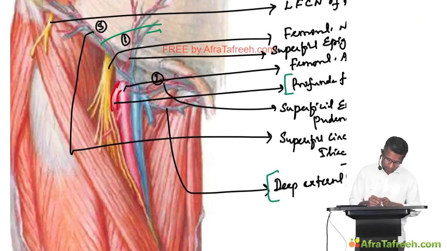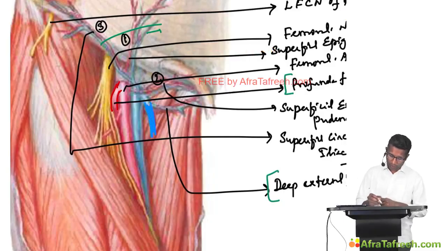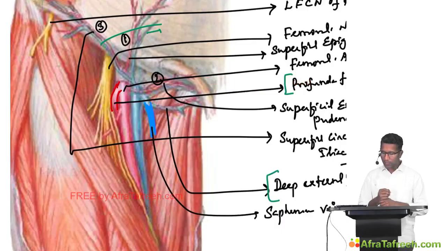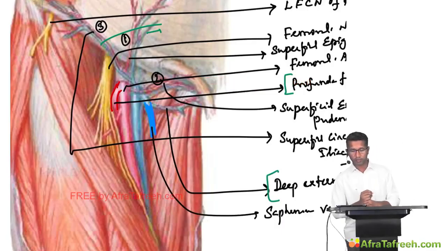The vein which you see here is called the saphenous vein. All these are tributaries of the great saphenous vein. Excellent, Charu, excellent.